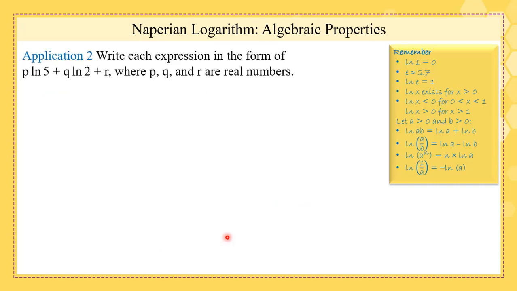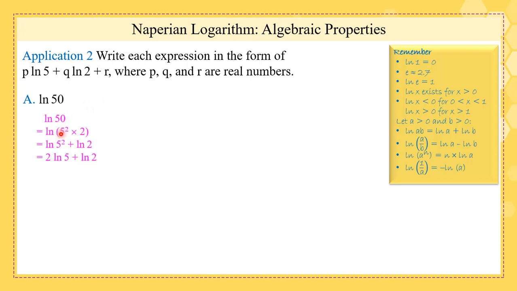Now, application. Write each expression in the form of p ln 5 plus q ln 2 plus r, where p, q, and r are real numbers. Now you need to write ln 50 in this form. Try to do it alone. Remember the prime factorization method.